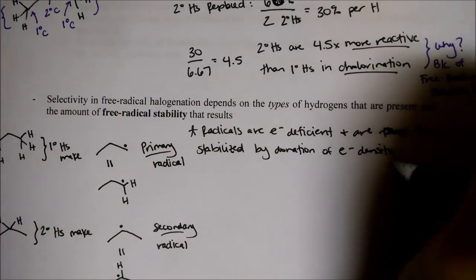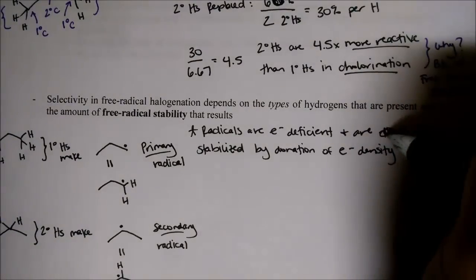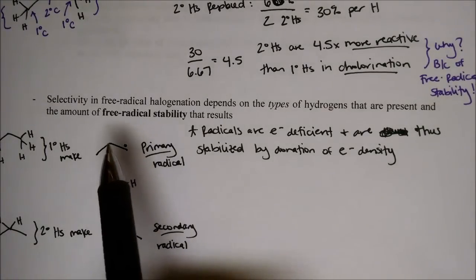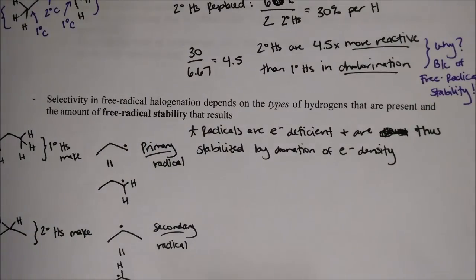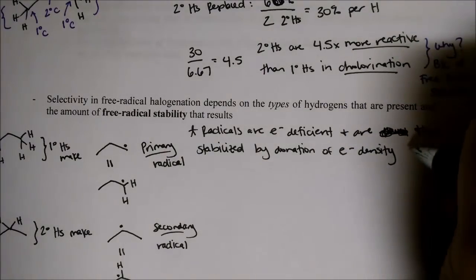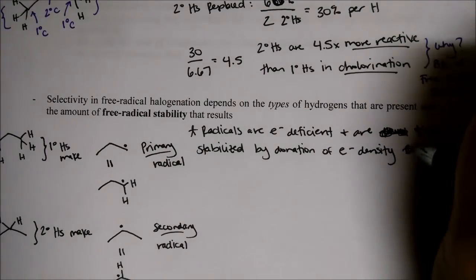If there's a polar group that can maybe donate some electron density, that would be great, but even an alkyl group, I know we're not talking very polar here, there's just carbon-carbon bonds, but the more carbon-carbon bonds that we have, we can actually donate electron density to that radical. Here it's right in the middle, so we can have these two carbons donating electron density, whereas on the end here, we only have one carbon that can donate its electron density. So it's stabilized by donation of electron density from alkyl groups.